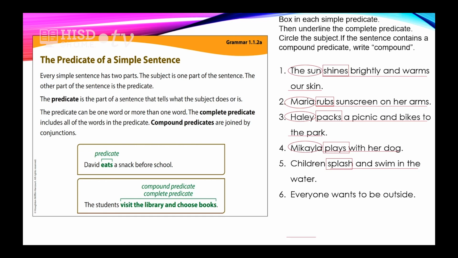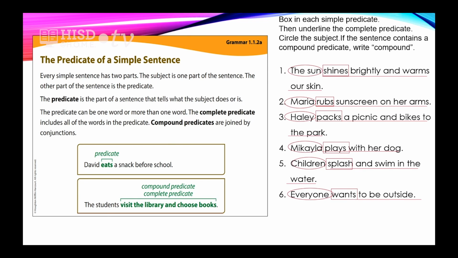Our complete predicate is splash and swim in the water. Our subject is children. Everyone wants to be outside. Wants is our simple predicate. Wants to be outside is our complete predicate. And everyone is our subject.